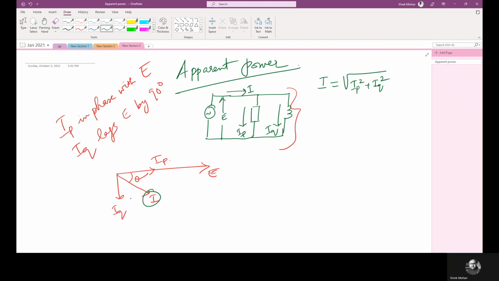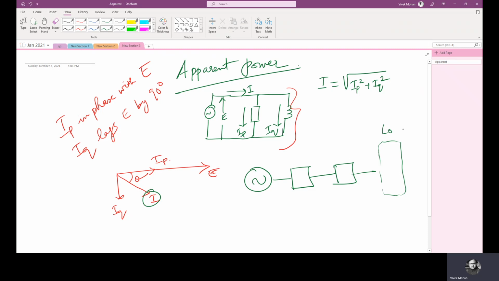So here if we are connecting some meters, my source is like this, I am connecting two meters here and this is connected to a load. This I am considering as a load having both resistor and reactor.